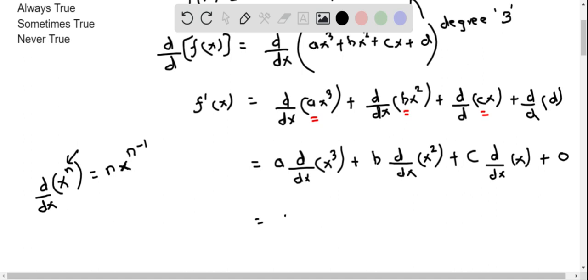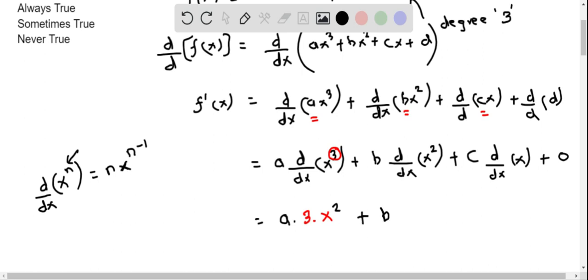So the same thing I'm going to do here. That is a times, we have the power as 3 over here, so I'm going to put the 3 in front. So this becomes 3 times x raised to the power of 3 minus 1. 3 minus 1 is 2, so it becomes x squared.